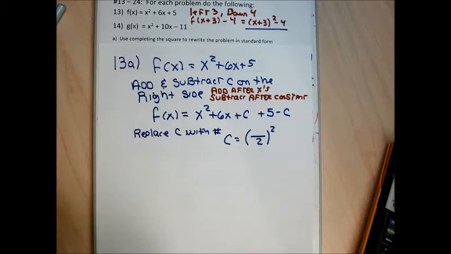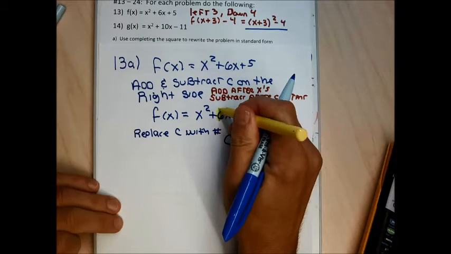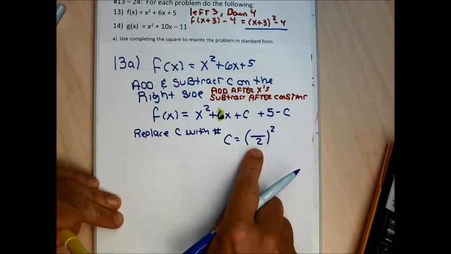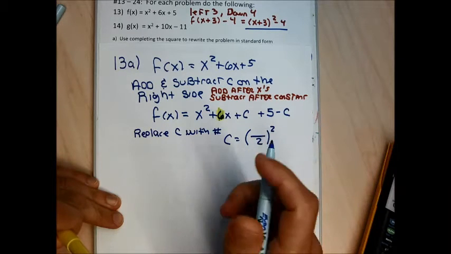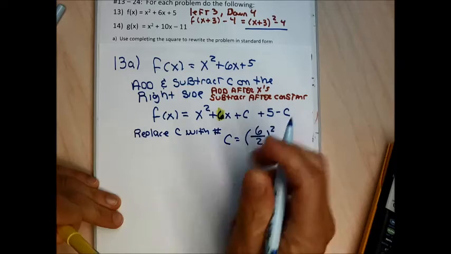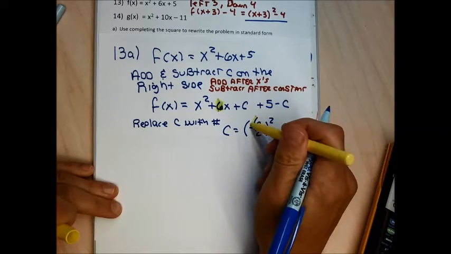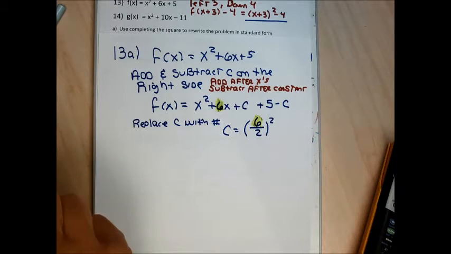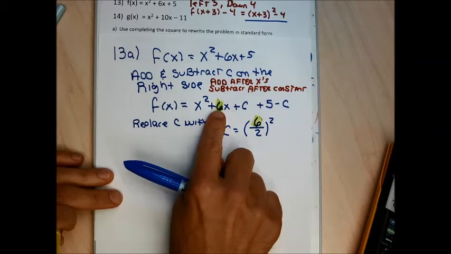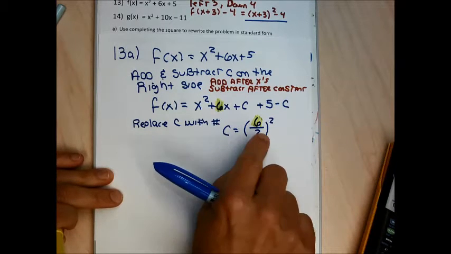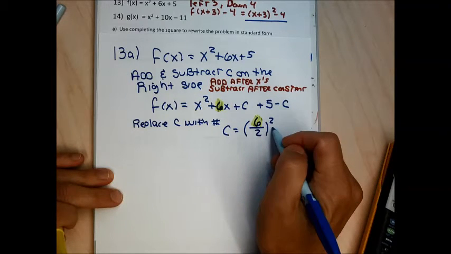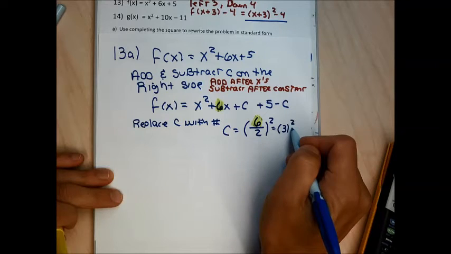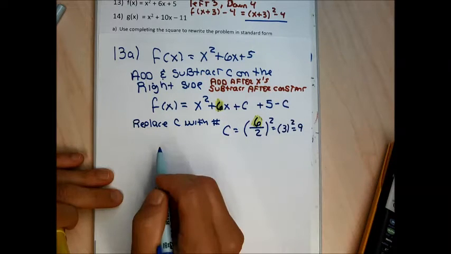So to get my c, I look at the number in front of the x to the first power term, and I put it in this template. I divide it by 2, then I square it. So in this case, that's 3 squared, which is 9.